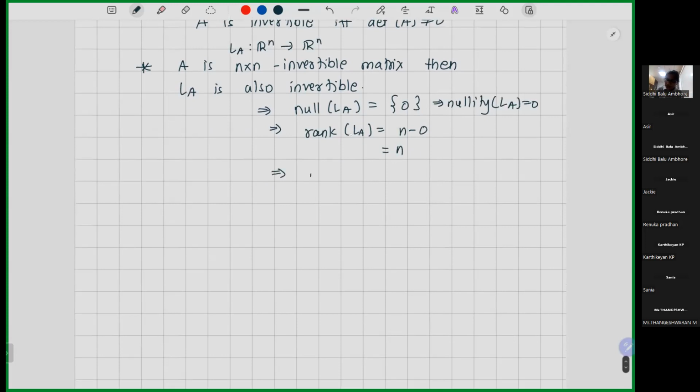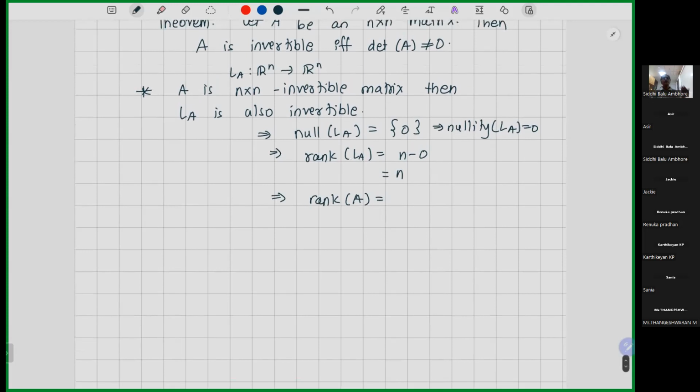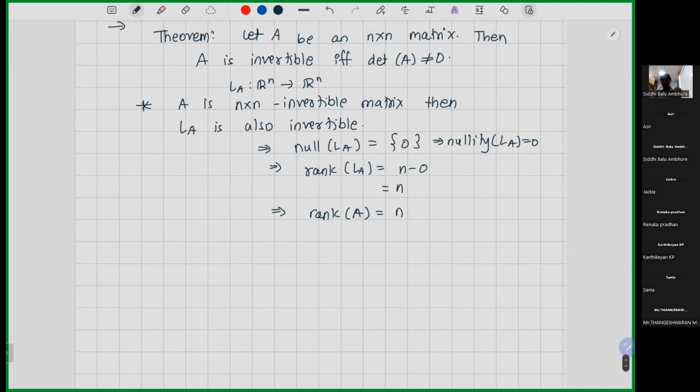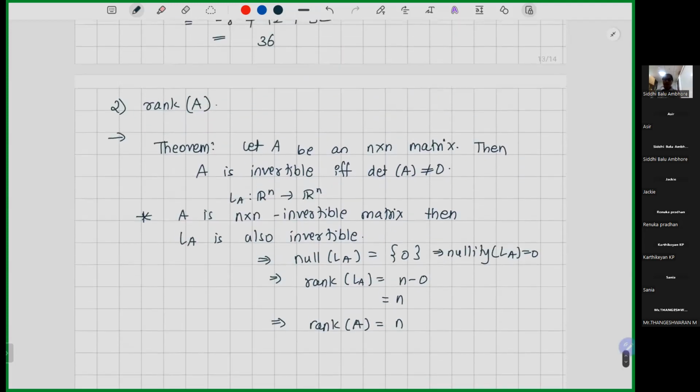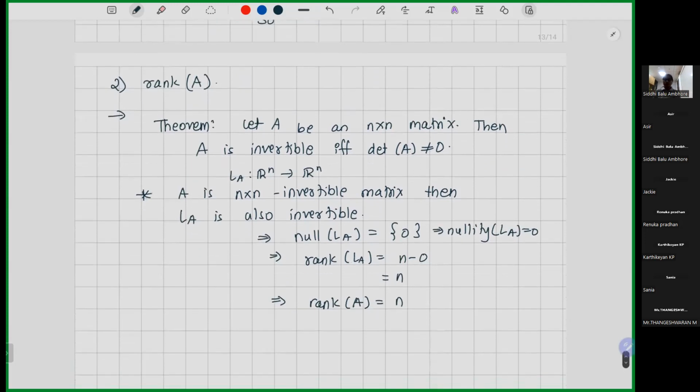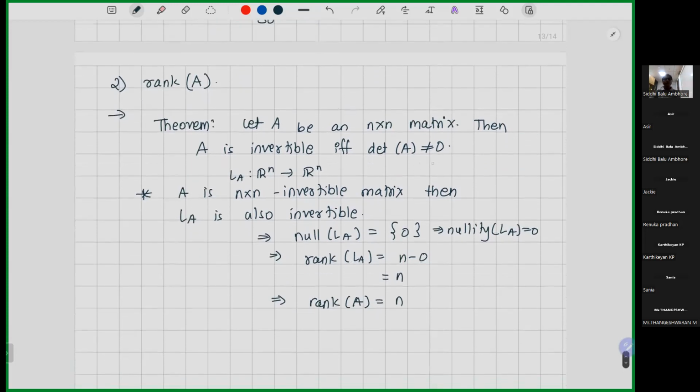And we know that this is exactly the rank of A. So in the case of an invertible matrix, the rank of A is n. Using this theorem, if the determinant is non-zero, then the matrix is invertible, and if the matrix is invertible, the rank of that matrix is n.